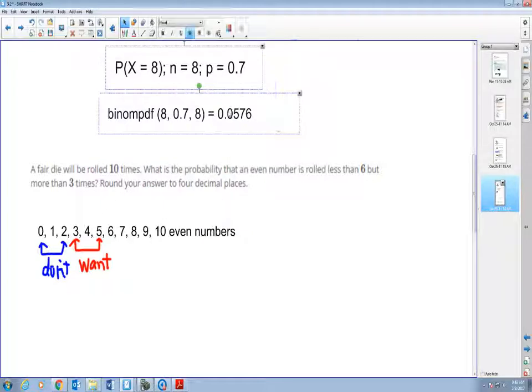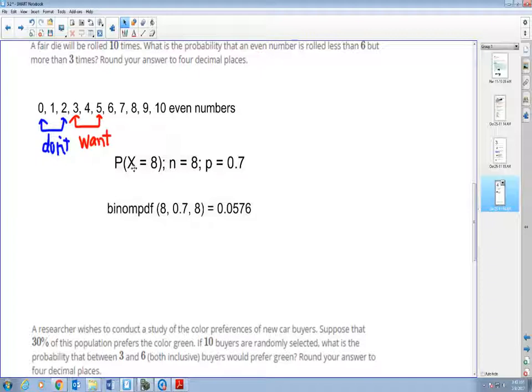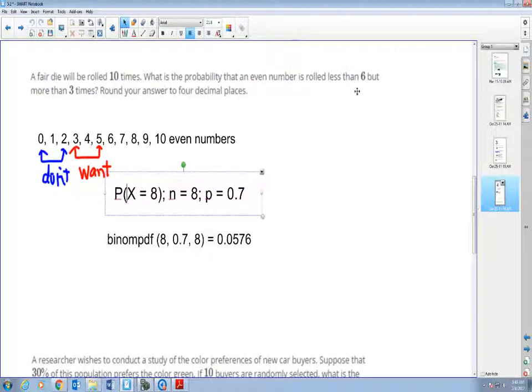So this problem, we can do this in a couple different ways. This problem is really long. Even numbers rule less than 6 but more than 3. So we are looking for less than 6 but greater than or equal to 3.